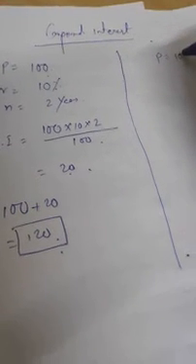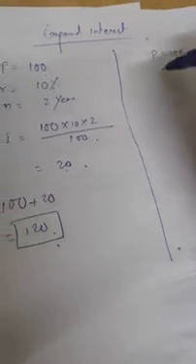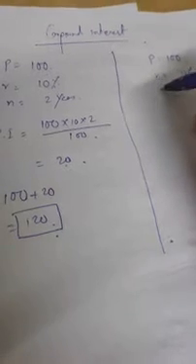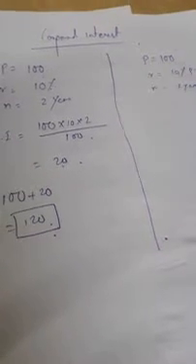Now, in case of compound interest, how do we calculate interest? We'll calculate year by year. See, principal is 100, R is also the same 10%, and number of years is 2 years.